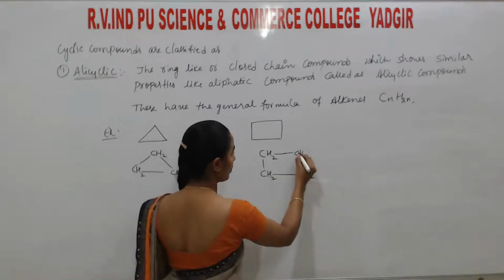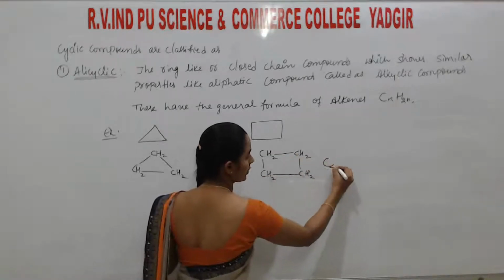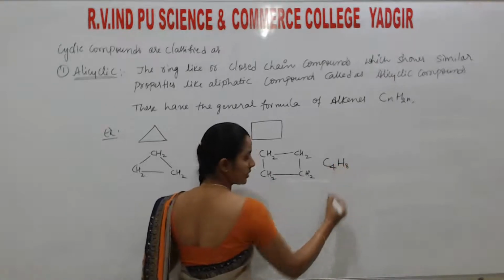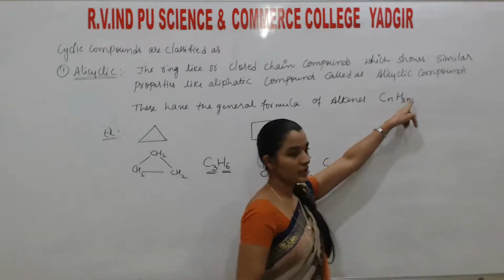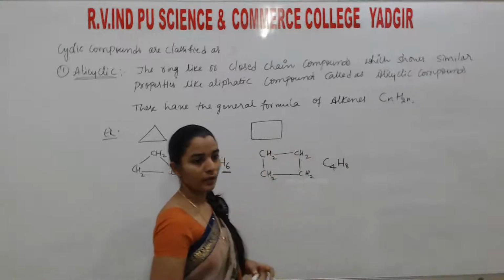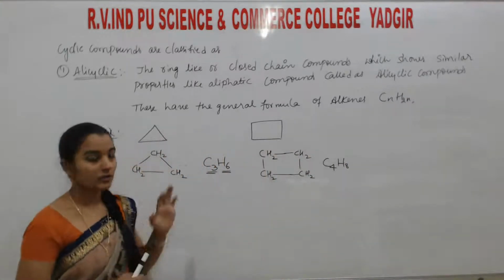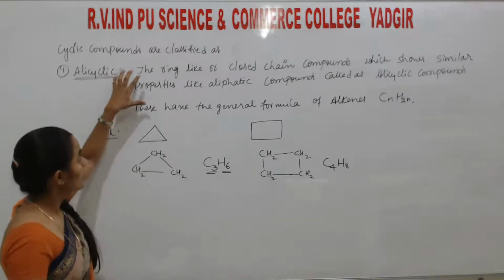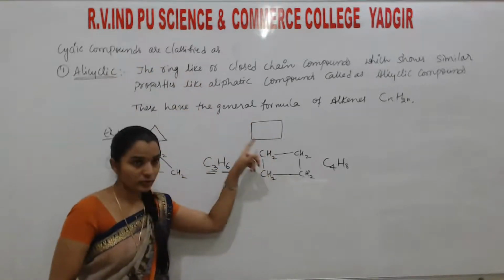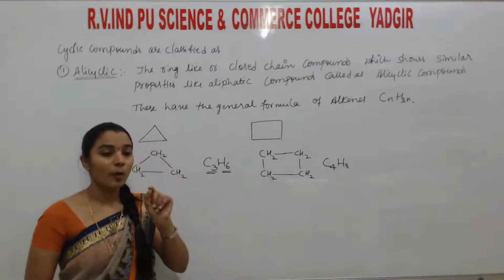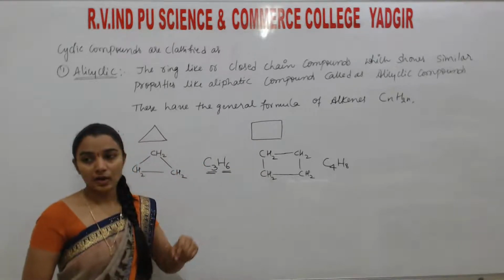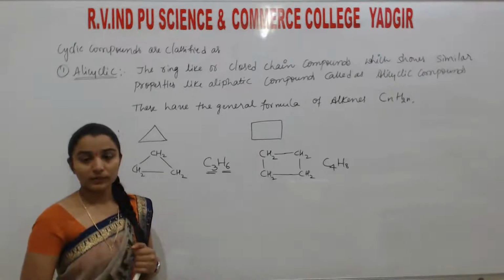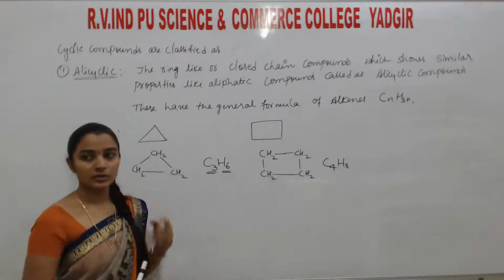So if you write the formula, 4 carbon atoms, that is C4, and 2, 4, 6, 8 hydrogen atoms, that is H8, that is also the formula CnH2n. Understand? So this is alicyclic compounds, meaning the ring-like closed compounds, but they show the properties like aliphatic compounds like general alkane, alkene and alkyne. But they are closed structures.